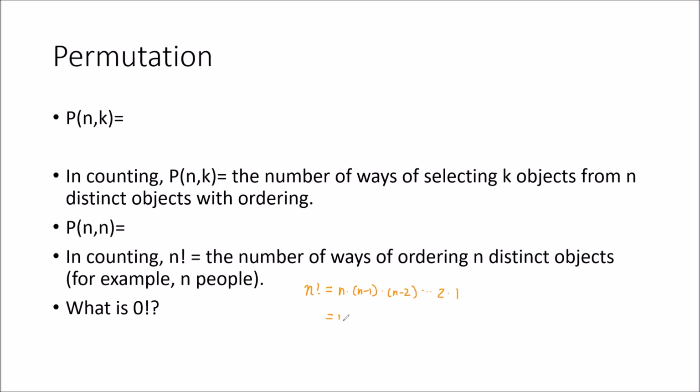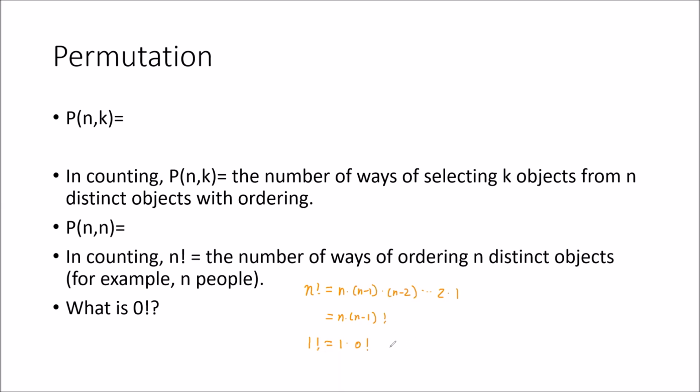So it is simply n times (n minus 1) factorial. So now you have an iterated way of defining n factorial. Now you plug in n equals 1, so you have 1 factorial. We know 1 factorial is 1, but then you have 1 times 0 factorial. That would make 0 factorial 1.